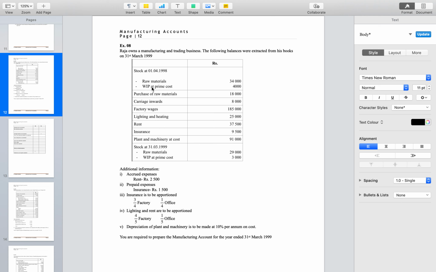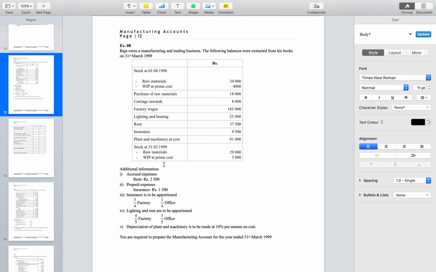Even the closing work in progress is also taken at the prime cost over here, right? So like I said, the only change between the questions you have done so far is how to deal with work in progress. Normally you take work in progress at the end. In today's question you will be taking work in progress somewhere in the middle of your format, that is somewhere before the prime cost. Okay, right?